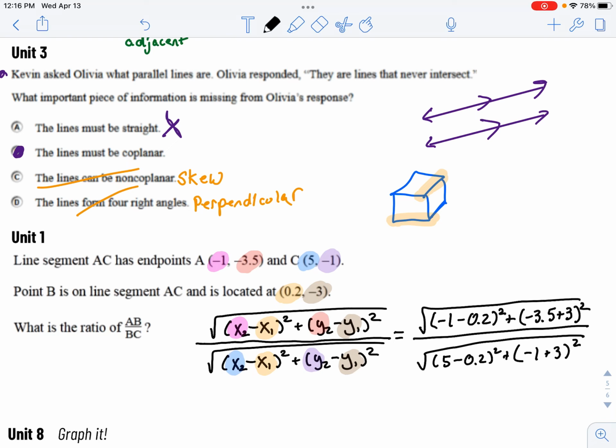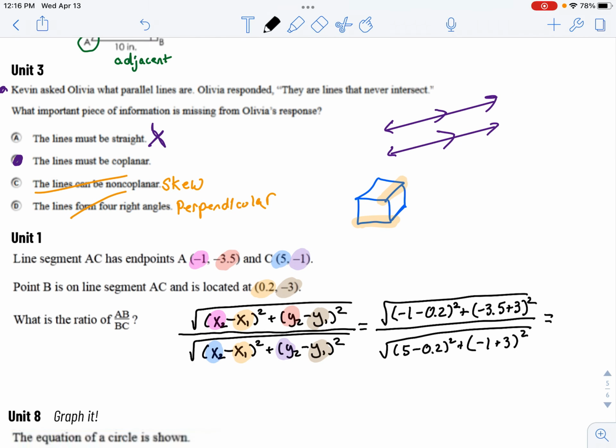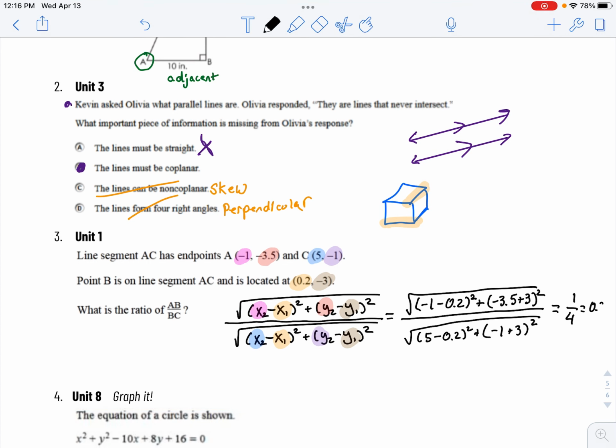Let me see if I can just do it off screen though, because I don't really want to spend time plugging this all in. Something you would need to do is just make sure you plug it all into Desmos. And if you correctly plug this in, it should be a fourth or 0.25. Okay, just be careful, make sure you plug it in correctly, yada yada yada.